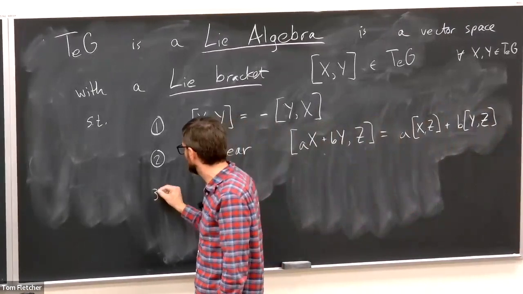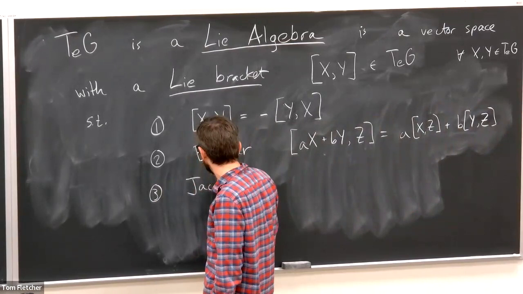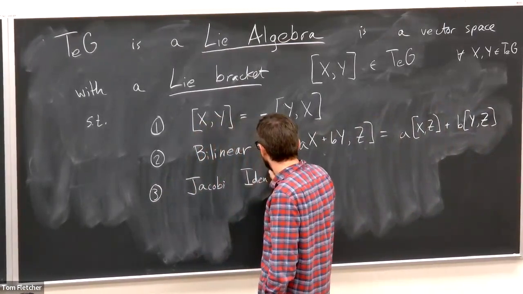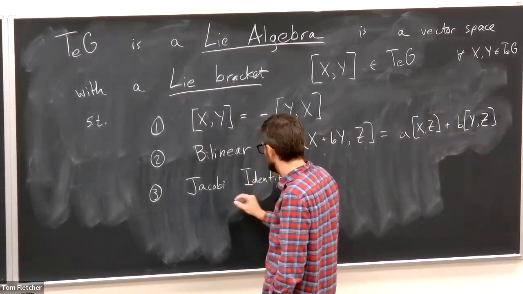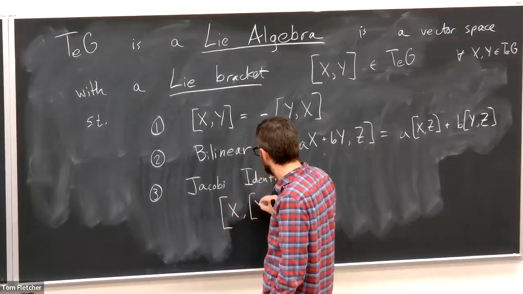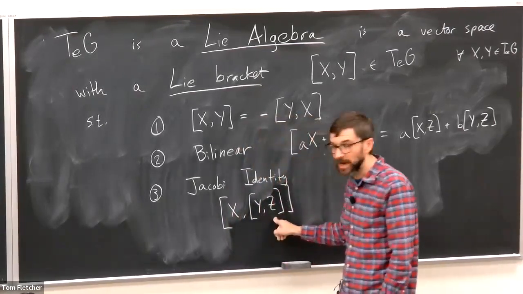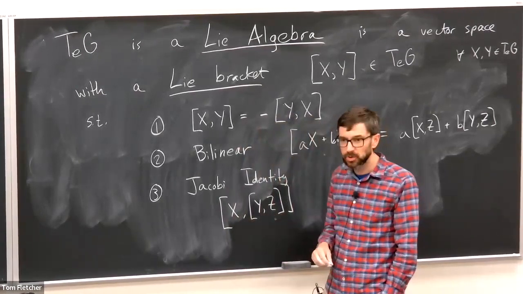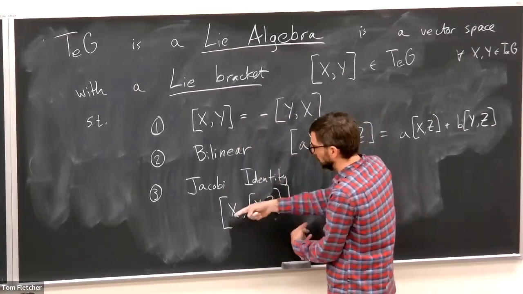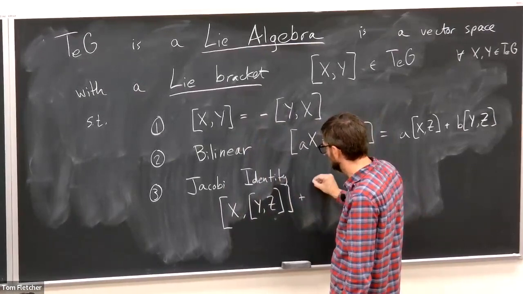And then the last one, which is the tricky one, is called the Jacobi identity. This is if I take three vectors and I take the bracket of two of them and then do another bracket with the third one. Now what I'm going to do is just cycle the order x, y, z are in and add them all up.